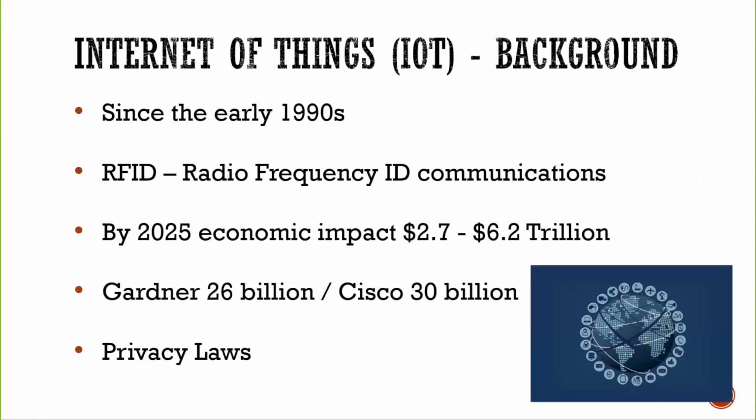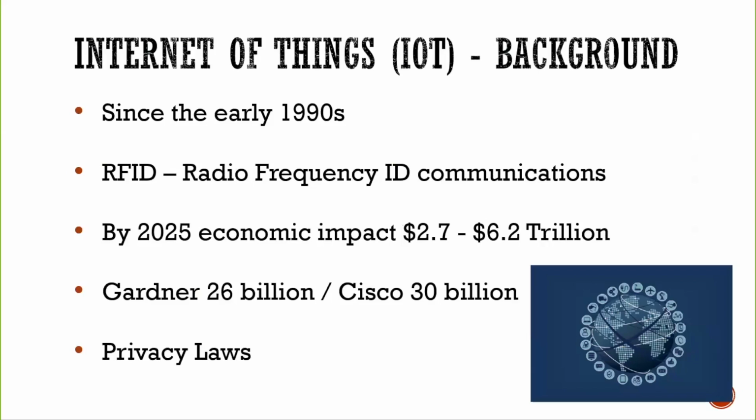IoT was first mentioned by Kevin Ashton, the co-founder and executive director of the Auto ID Center at MIT. He publicly spoke about it in 1999. And now, after 18 years, more devices are coming online and ideas continue to flow to create the interconnected world. A report from McKinsey Global Institute states that Internet of Things impact will reach 2.7 to 6.2 trillion dollars annually by 2025.